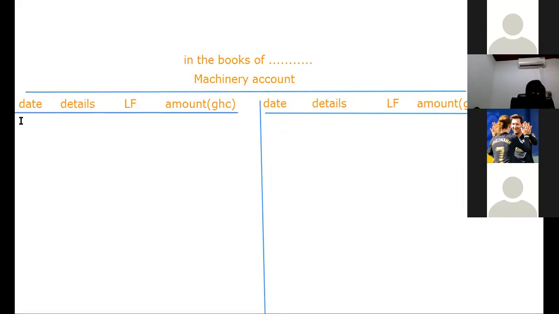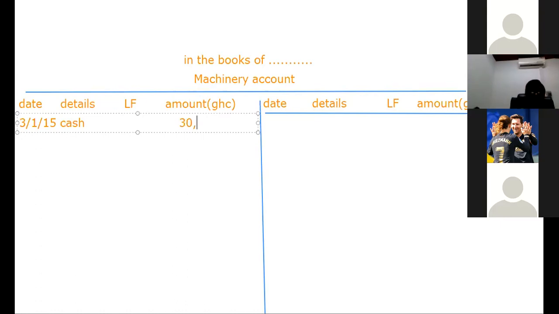So when was machine A acquired? 3rd January 2015. How did we acquire it? By cash, because the statement says that we should assume so. How much? 30,000.